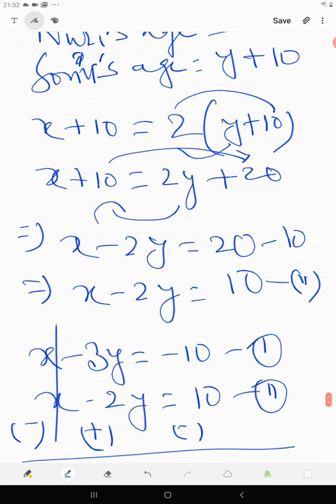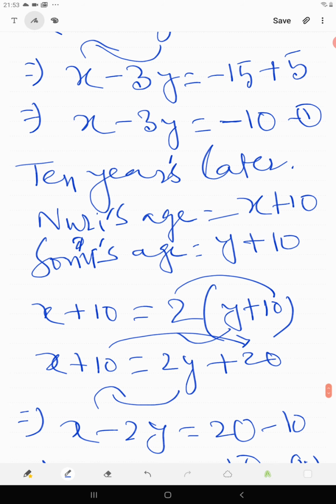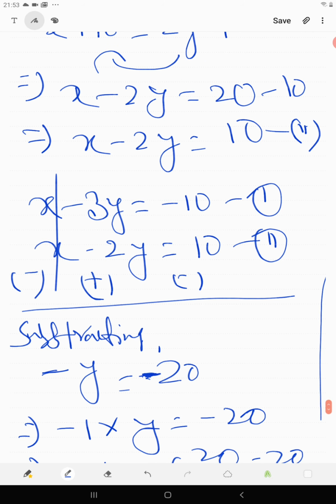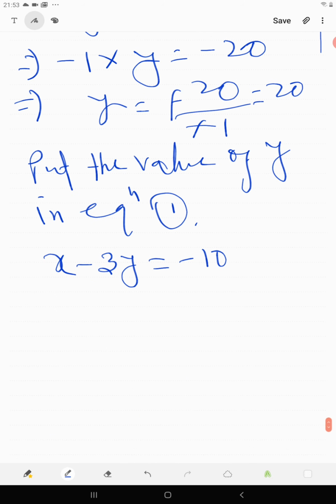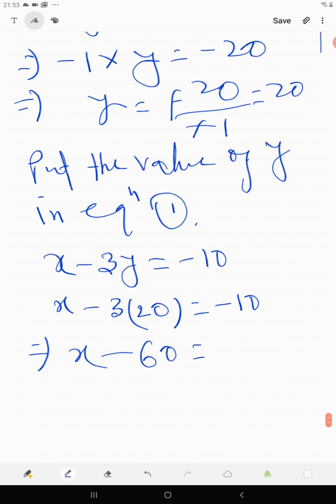So x minus 3y equals to minus 10. So let's put the value. So y is 20. So x minus 3 into 20 equals to minus 10. So simplify it. X minus 3 into 20 is 60 equals to minus 10.